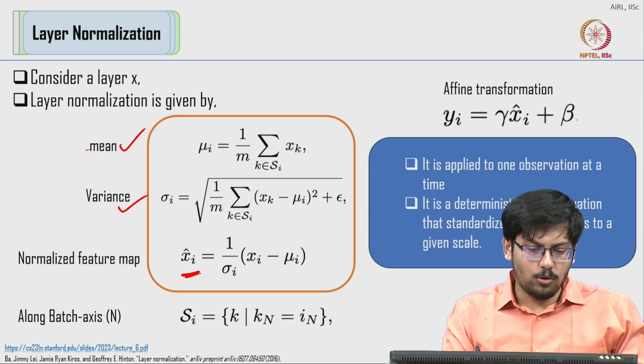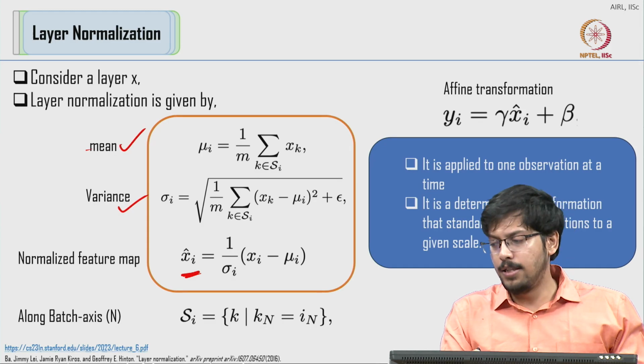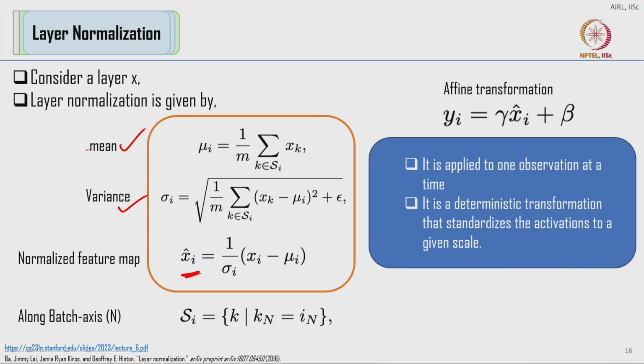Now we calculate all of this along the batch axis. So let us just write how a feature map is represented now. The feature map would be represented by batch size, comma, channel, comma, height, width.